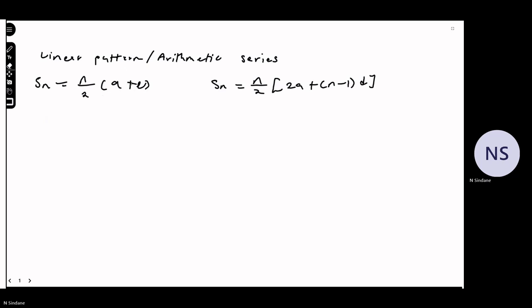But if we're not told, we can use this one. You need to be told, for example, to determine the sum of the 10th terms, meaning the value of n is 10. Then the value of a you get from the pattern or series, and you can calculate d, which is your common difference, right?